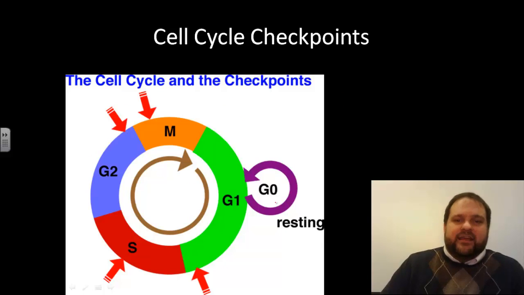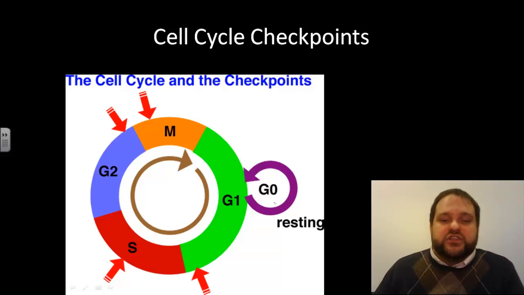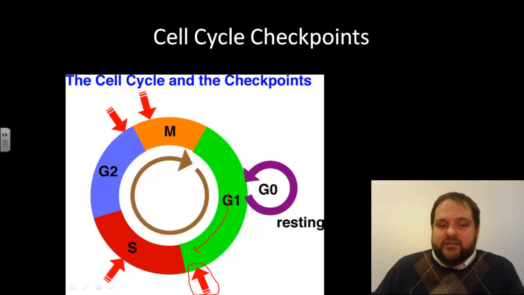Now, one last thing I wanted to touch on is this idea of checkpoints. There are things called checkpoints that work like stoplights. For instance, one of them here is the checkpoint between G1 and S, this little checkpoint here. What this means is a cell is going to stay in G1 until it gets a signal to move into the S phase.